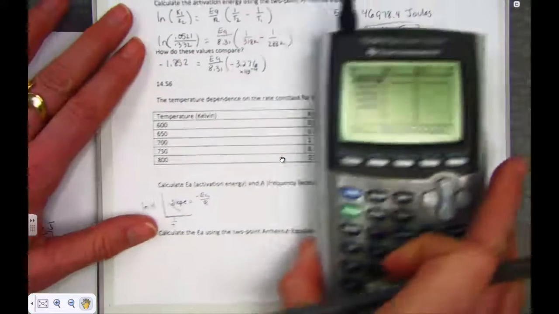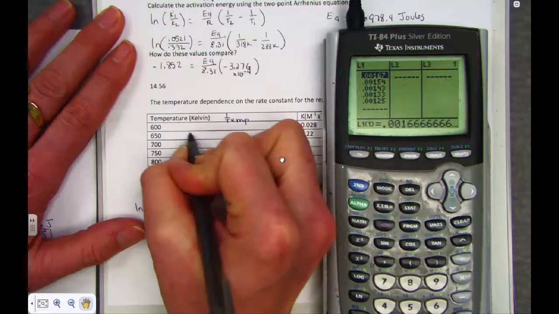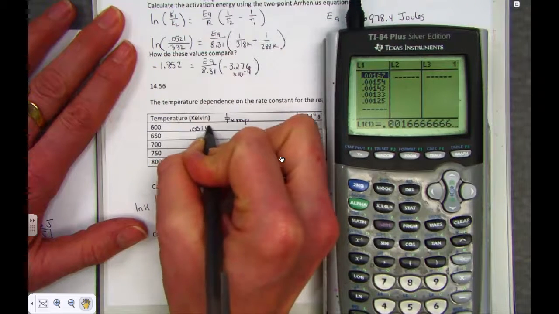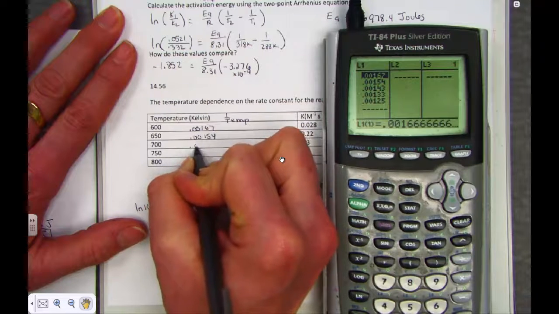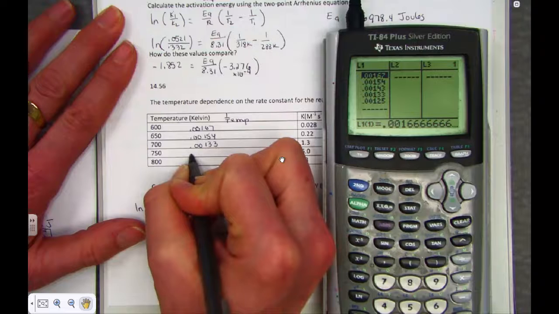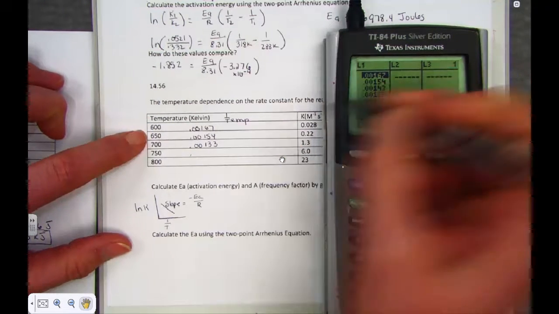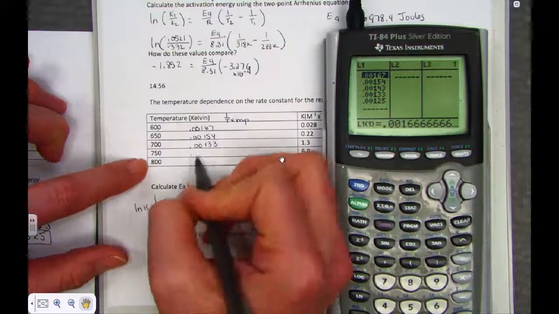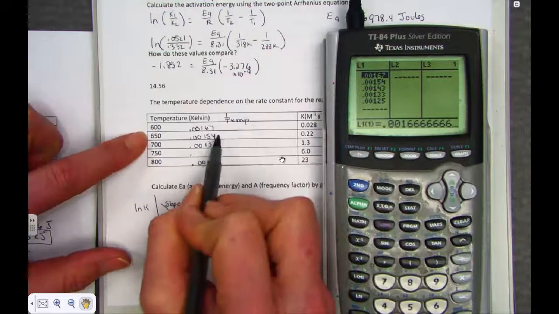And we have our values. So the reciprocal of the Kelvin temperatures, 0.00167, 0.00154, 0.00133, 1, 2, 3, 4, 5. This value is 0.00125. I messed up here.